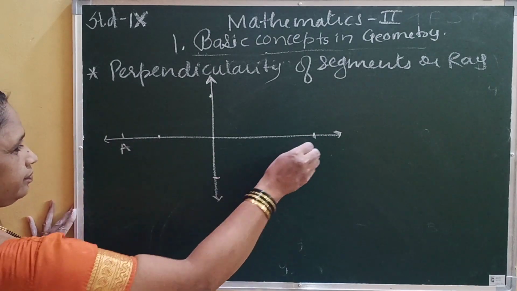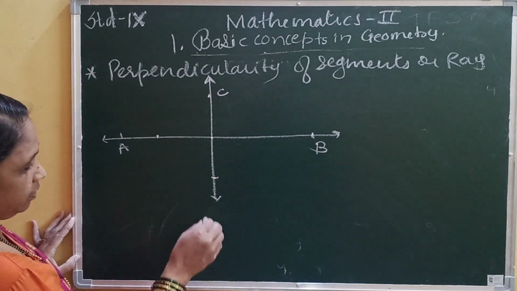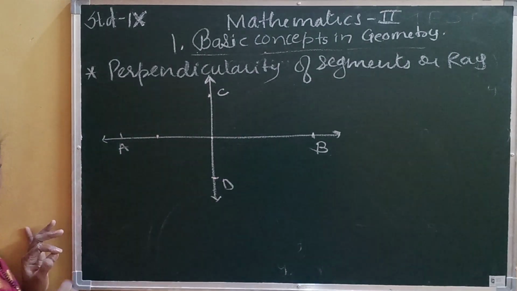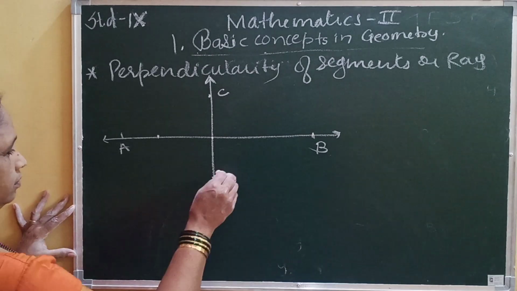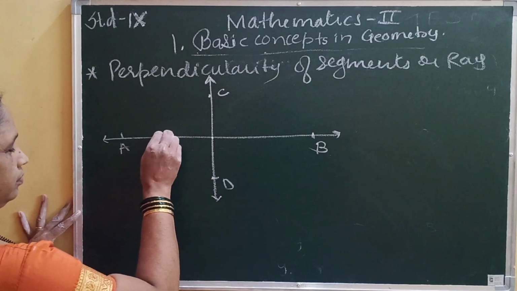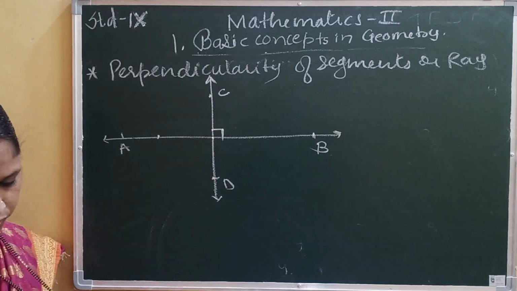A, B, C and D. Now see here, this is the symbol of perpendicular.